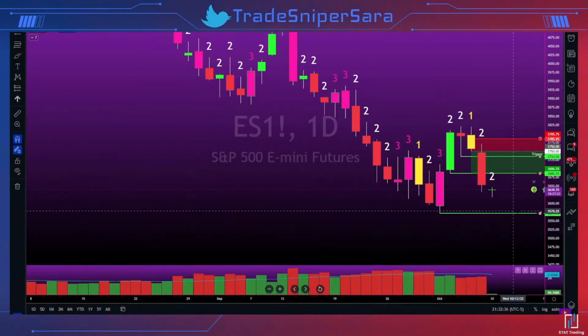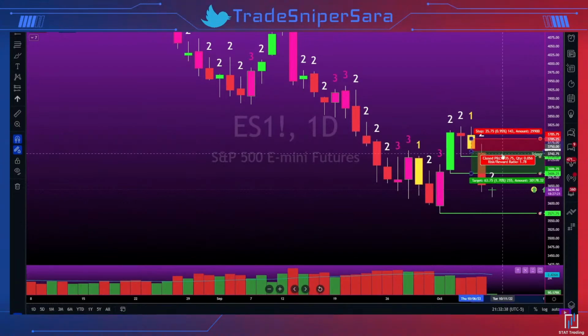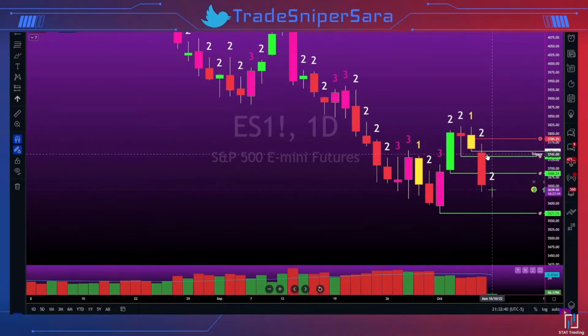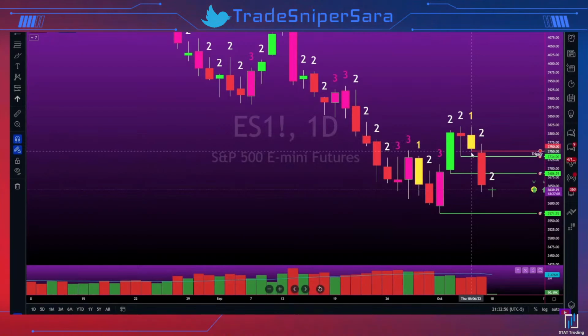So the moral of the story is you want it to go right away, period. And ideally, it's going to hit your targets. Now, once it starts going in your favor, that's when you want to move your stop to break even.